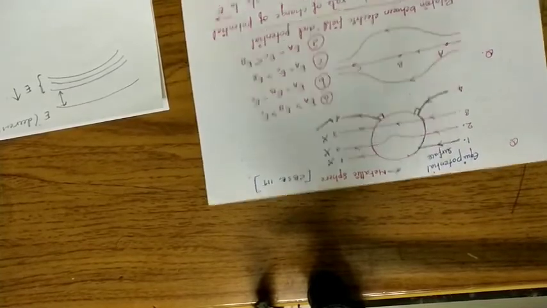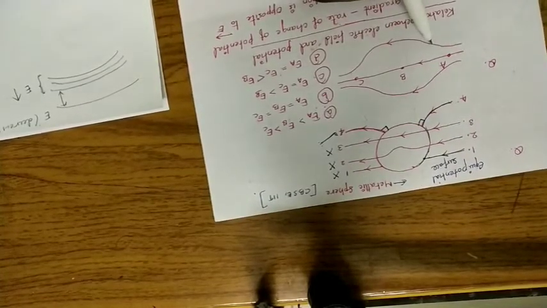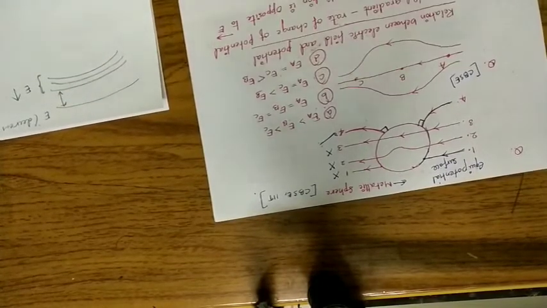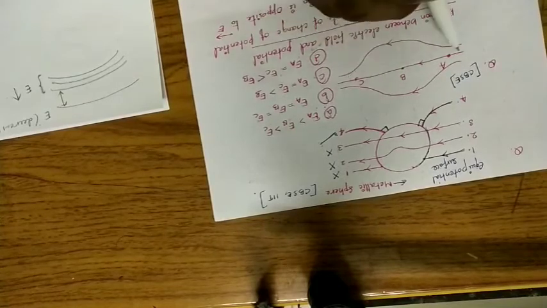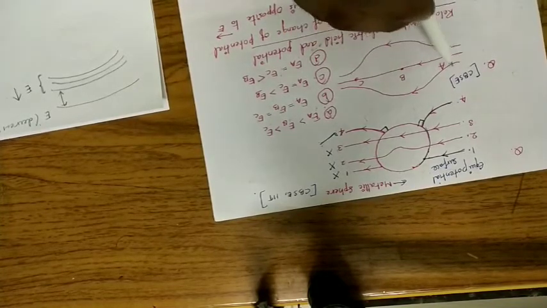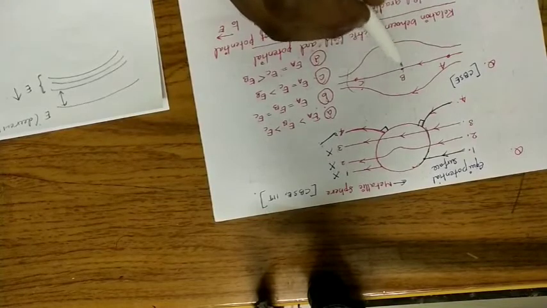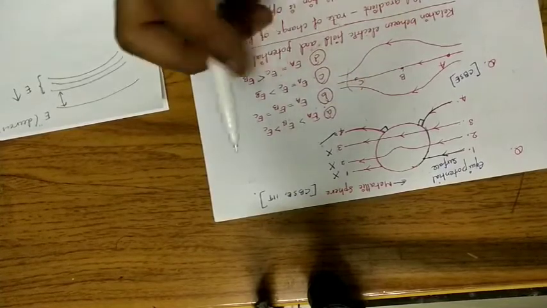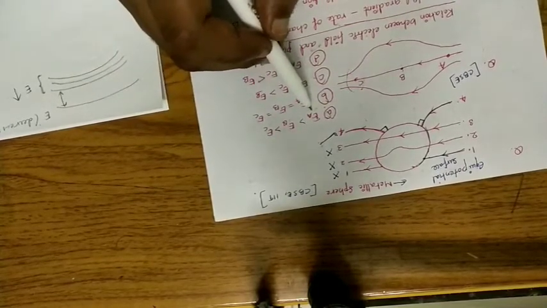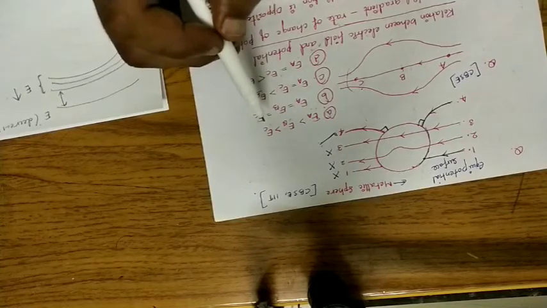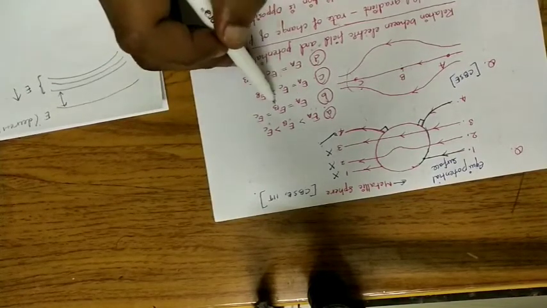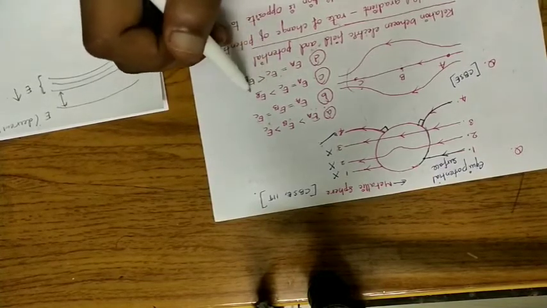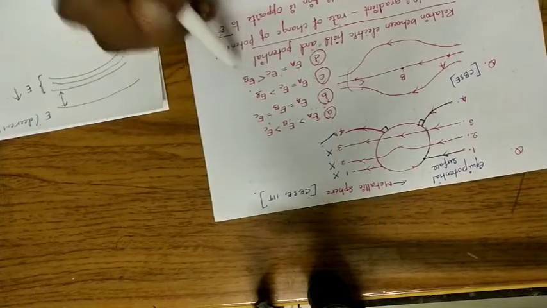And this is a little bit tricky question which is also a CBSE question. You can see here the field lines are closer at points A and C, and they are separated away at point B. Having this diagram, they are giving you the options: EA greater than EB greater than EC; EA equal to EB equal to EC; EA equal to EC greater than EB; EA equal to EC less than EB.